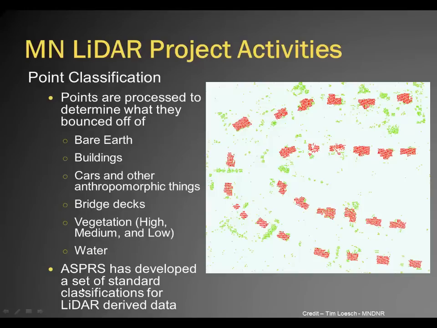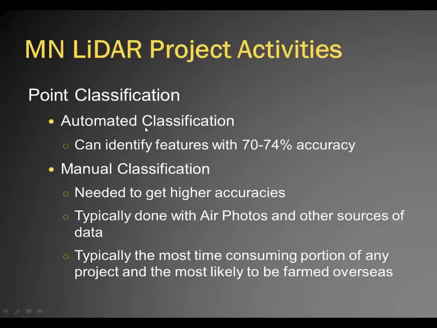And this is all developed from national standards. The American Society of Photogrammetry and Remote Sensing developed these standards, and we implemented them here within our state application of LiDAR. So we classify the points within a certain level of accuracy, and we have an automated classification. But manual classification is also a process that is used to tune up or improve this. Now, the manual is the time-consuming part of it.